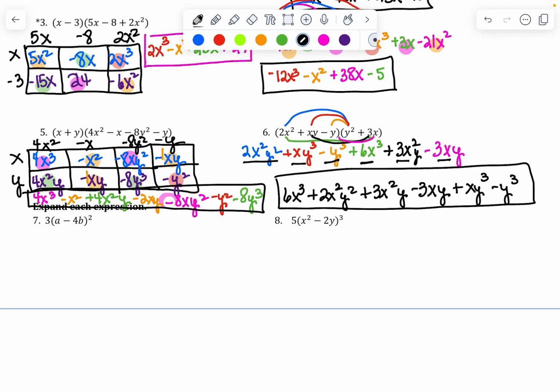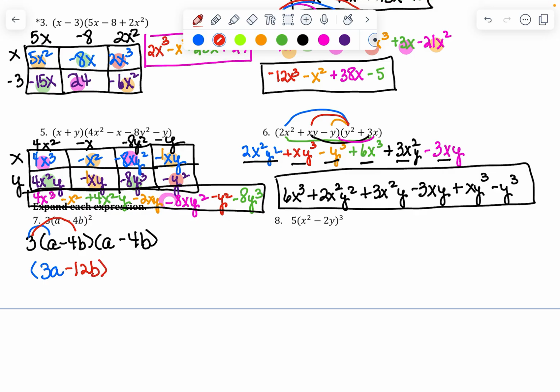Okay. So this one means 3 times a minus 4b times a minus 4b. So what I'm going to do first is I'm going to get right here a 3a and then a minus 12b.